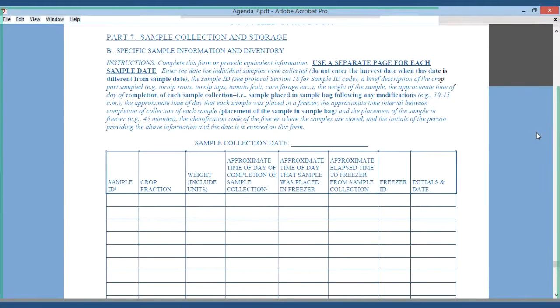The weight, when the sample was collected, when it was put in the freezer, and then the elapsed time from the time you harvested it until the time that you put it in the freezer. And then the identification of which freezer you put it in, and then the initials and date of the person who put it in the freezer. Next page, please.